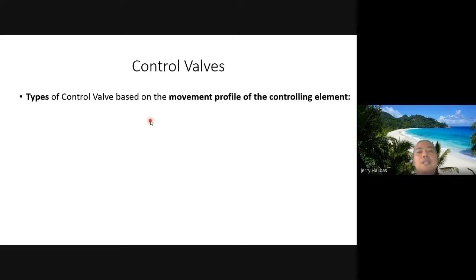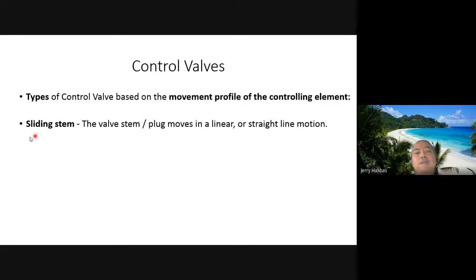Okay, so we are going to type the control valve based on the movement profile of the controlling element. A sliding stem moves up and down. An example is the type of plug, the globe valve.